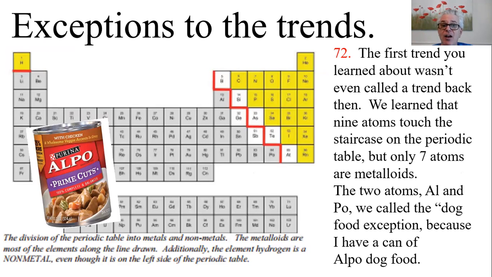But you know what? Nine atoms touch the stairs, but only seven are metalloids. Two of them, Al for aluminum and Po for polonium, touch the stairs, but they're metals. They're not metalloids. So that's an exception. The rule is if you touch the stairs, you're a metalloid, except for two, Al and Po, aluminum and polonium.